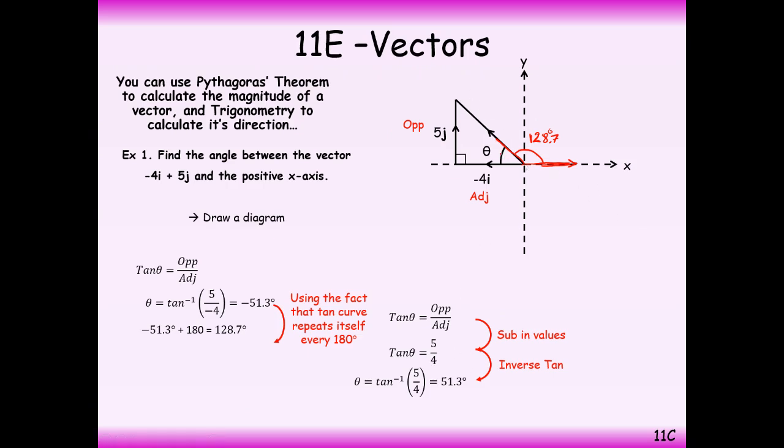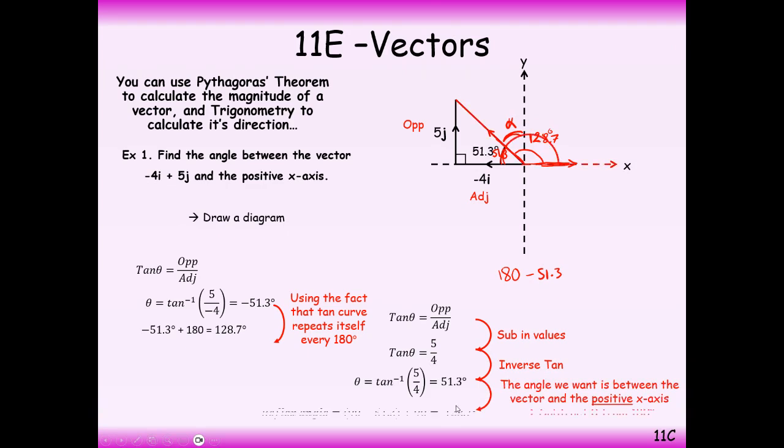What we want is its complement with 180 degrees. You could say 180 minus 51.3 to find this, or you could have gone an even longer way and calculated this angle, let's call it alpha, and then added 90 degrees to alpha. So either way, you can divide it into other sections and you should get the correct answer. Okay, so 128.7 is the correct answer.